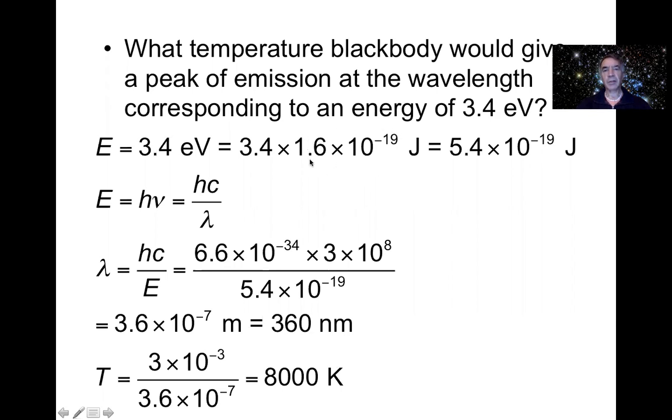Okay. So that's where that number 1.6 × 10⁻⁹ comes from. That's actually the charge of electron in coulombs. Okay. So just to convert from electron volts to joules, you multiply by this number here, the charge on the electron. Okay. And that will give us that number there, 5.4 × 10⁻⁹ joules.